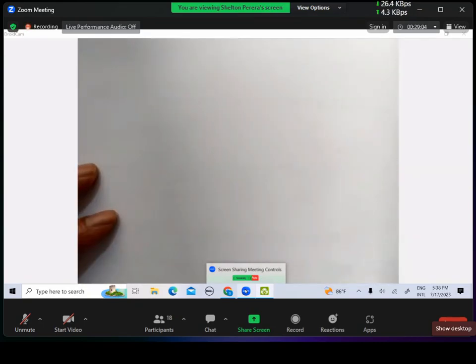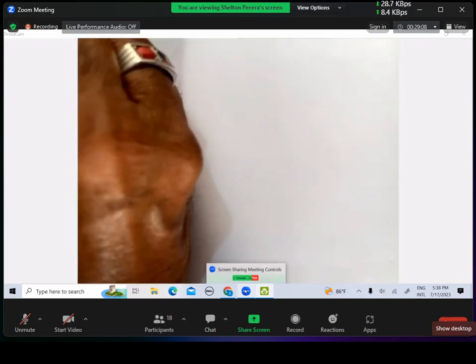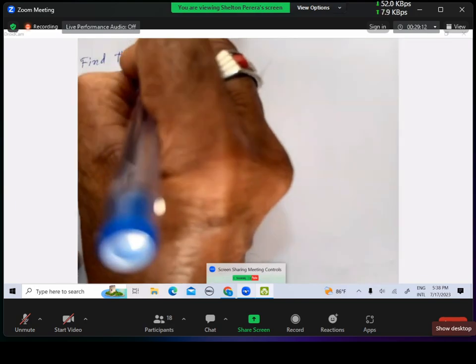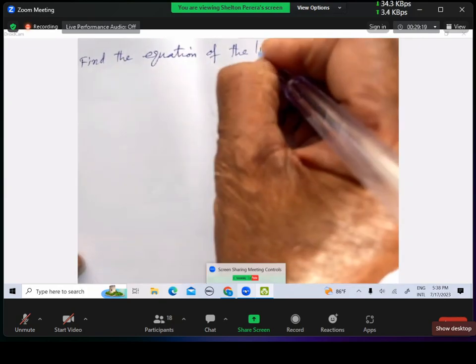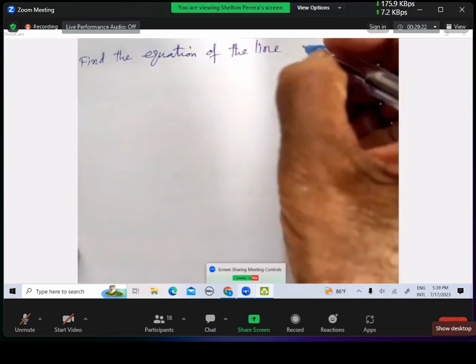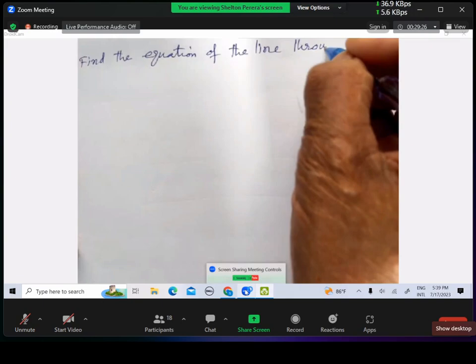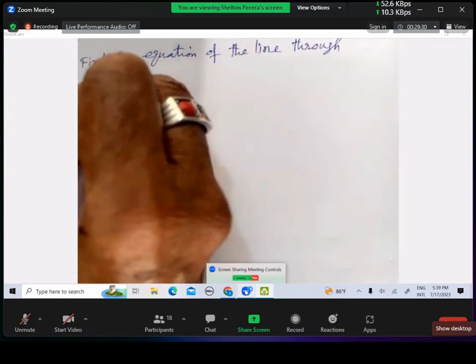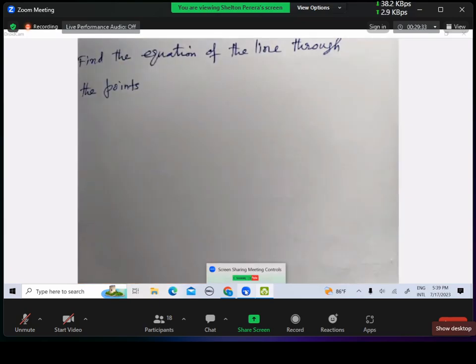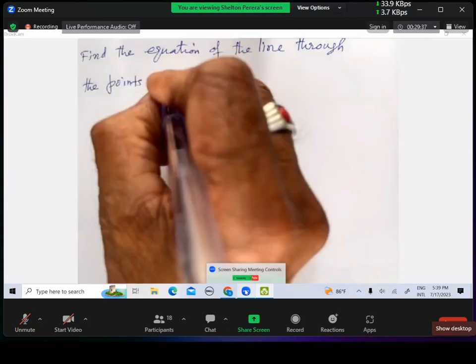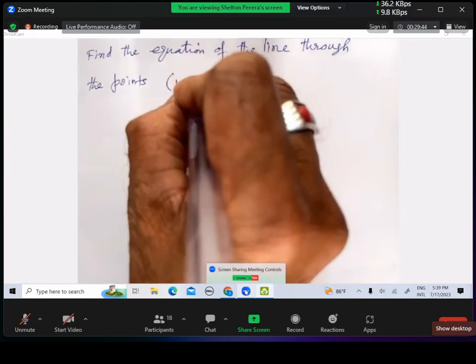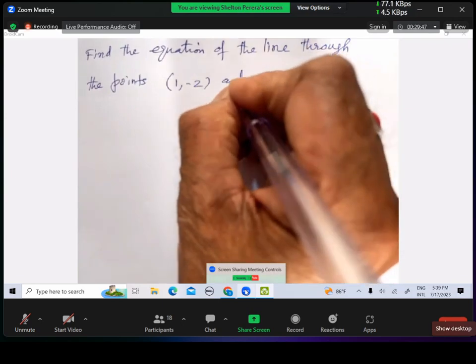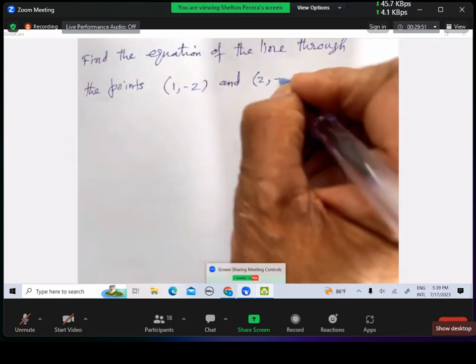Find the equation of the line through the points (1, -2) and (2, -3).